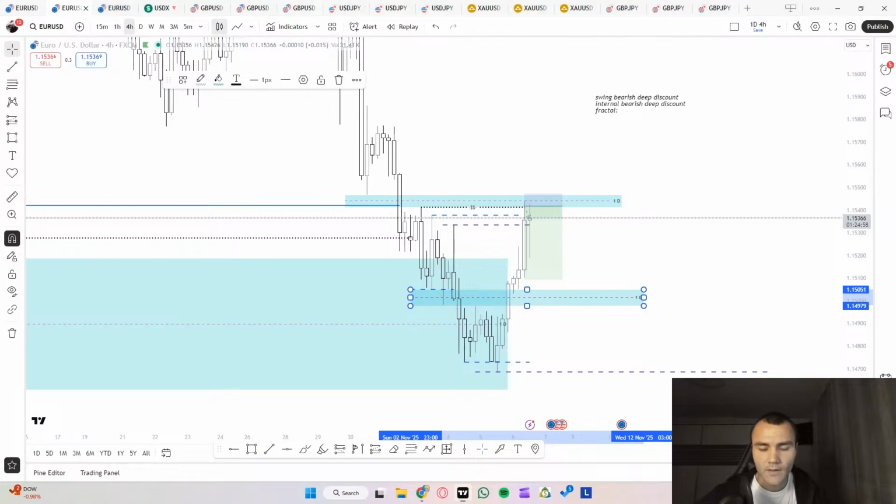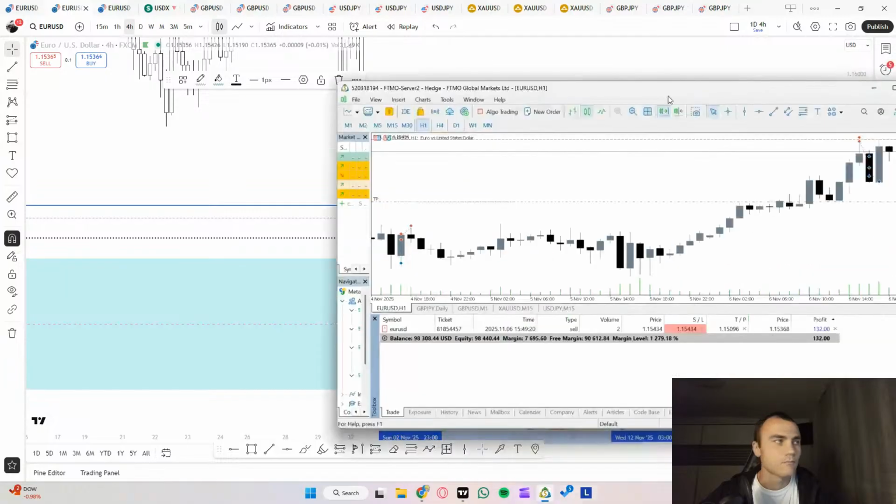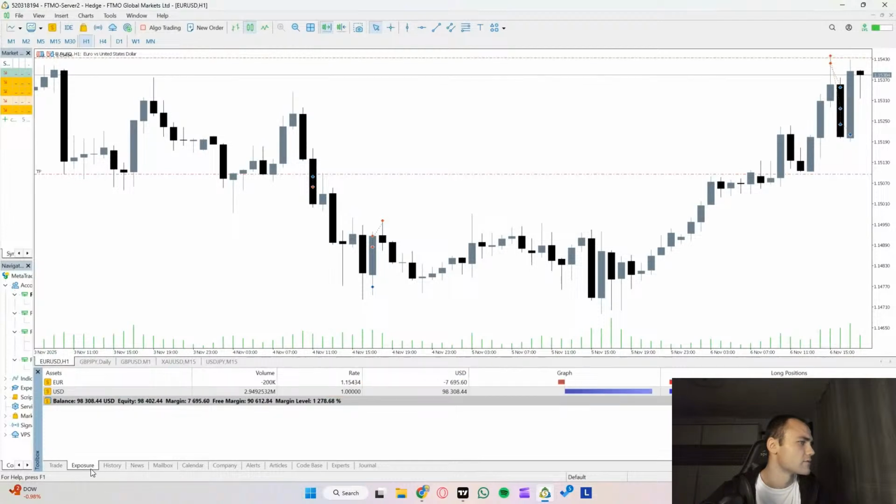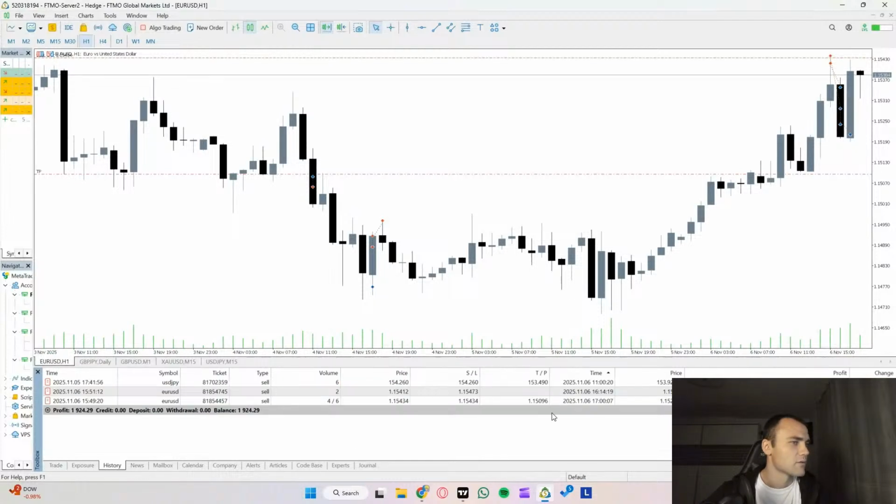Let me show you also, this is the real trade with real executions. Here you see the executions.